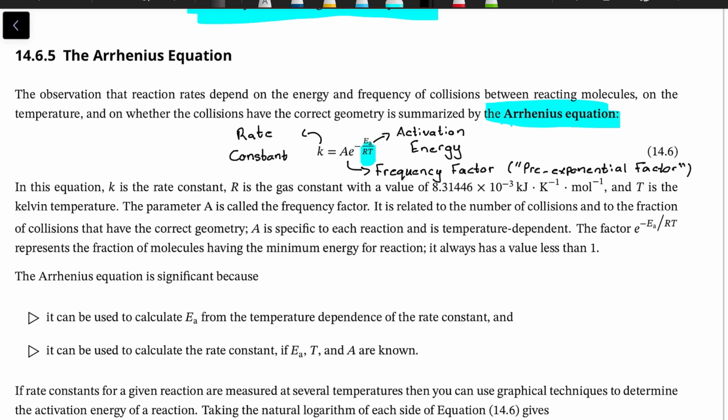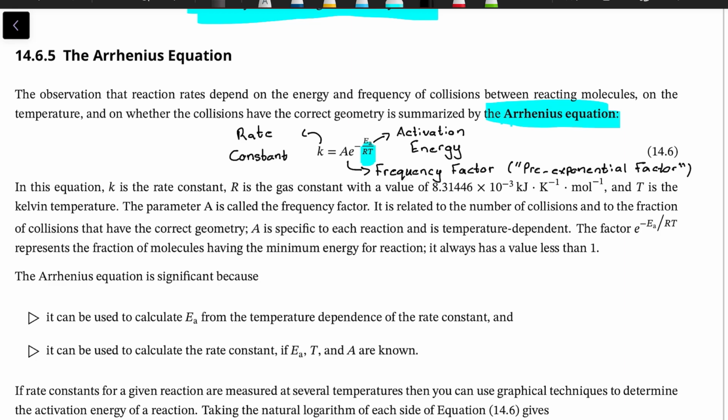Then it takes something called the frequency factor, which is an indication of how many collisions happen per second. So this frequency factor always has units of per second.